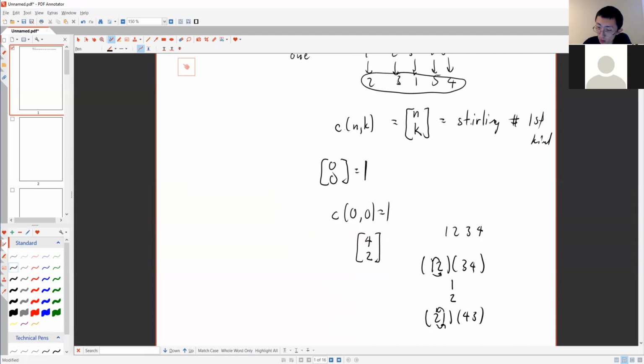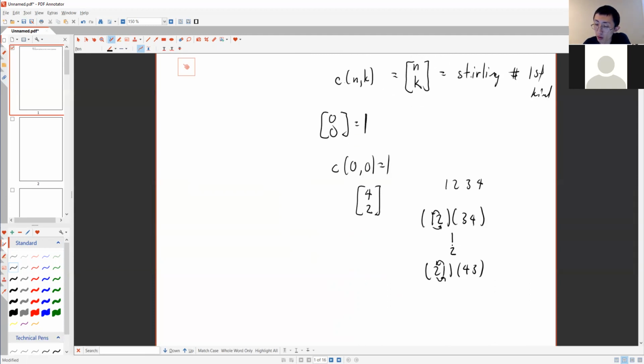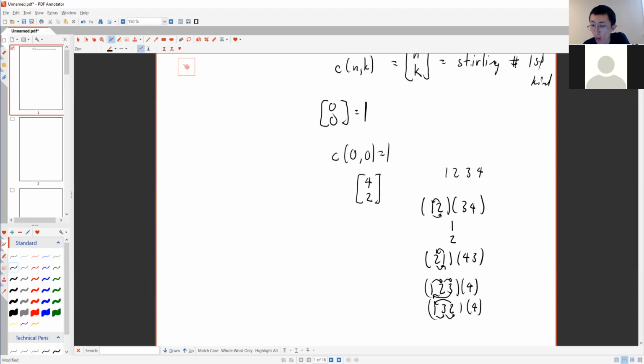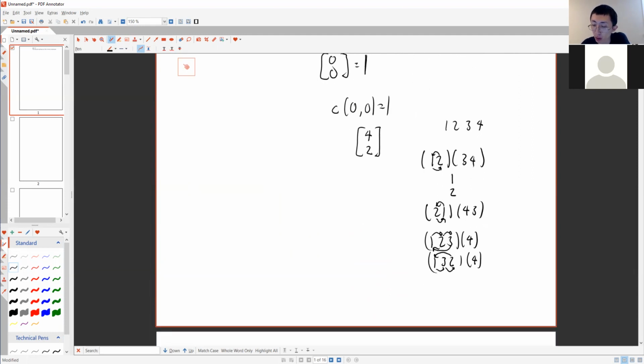This says 1 goes to 2 and 2 goes to 1. But if you have something like this, this is different than this, right? Because this says 1 goes to 2, 2 goes to 3, and 3 goes to 1. This one goes in the opposite way around the 3 cycle. So you need to account for that.